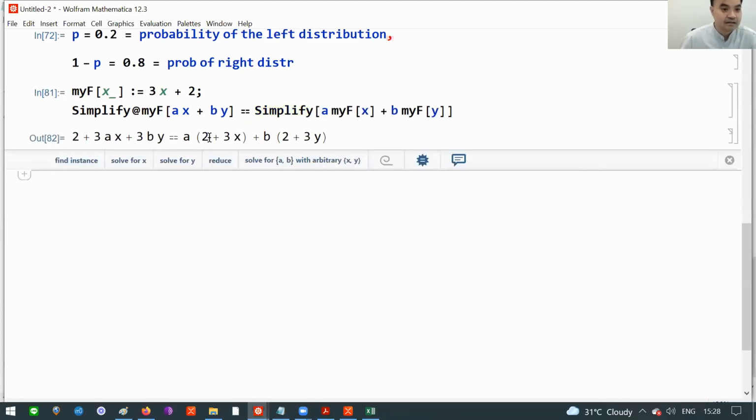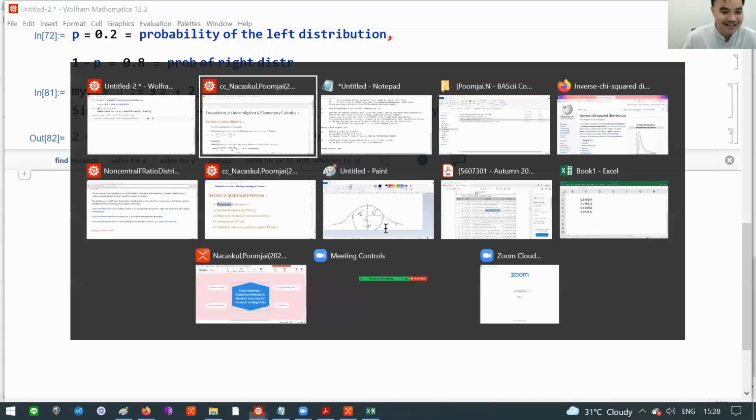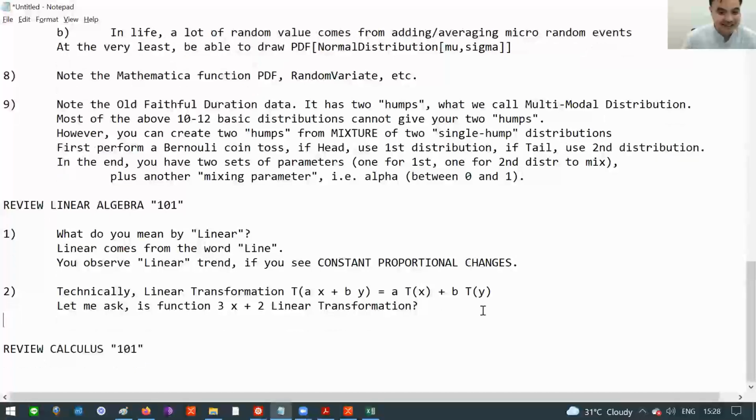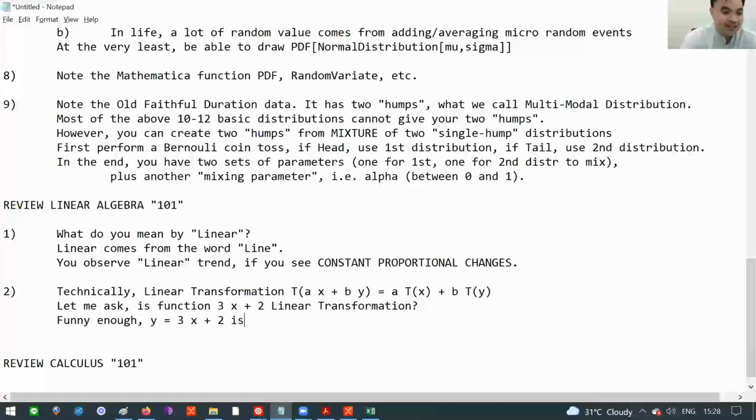See, this is 2a, right? 2a, 3ax. So we have 3ax. We have 3by, but you add 2b into a, and this 2, where's 2? They're actually different things. So, funny enough, y equal to 3x + 2 is not a linear transformation.